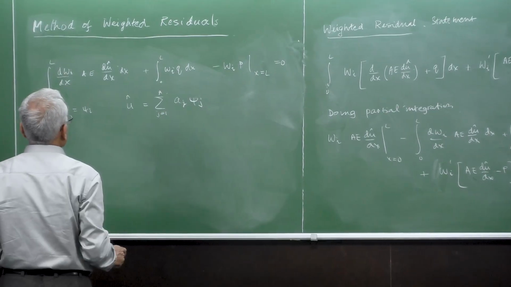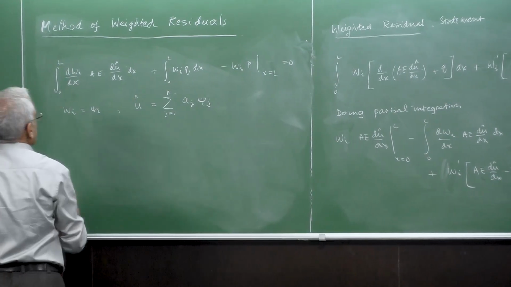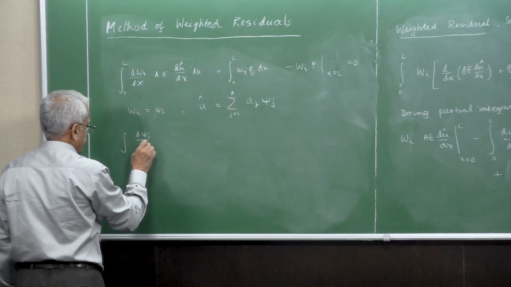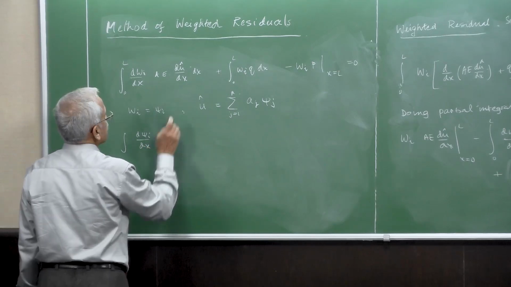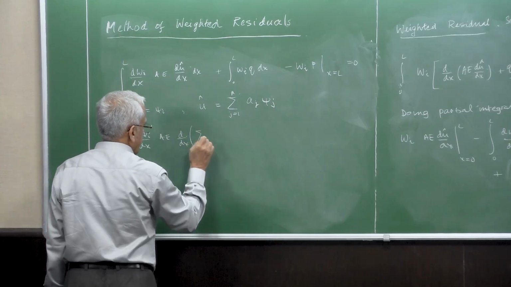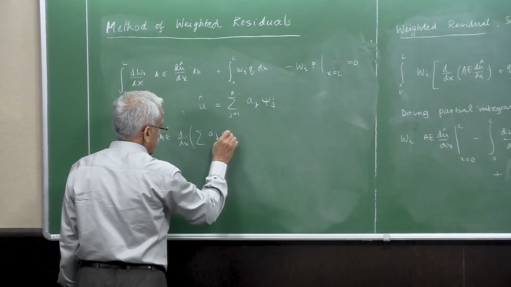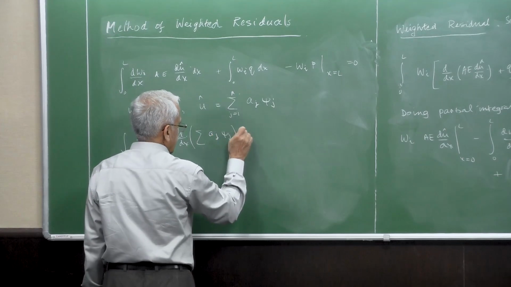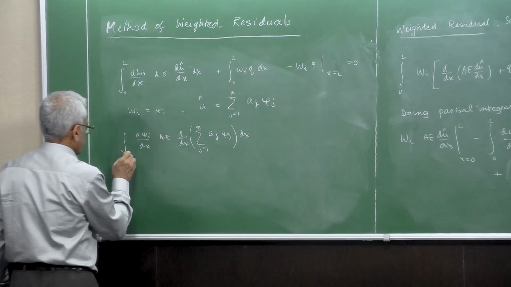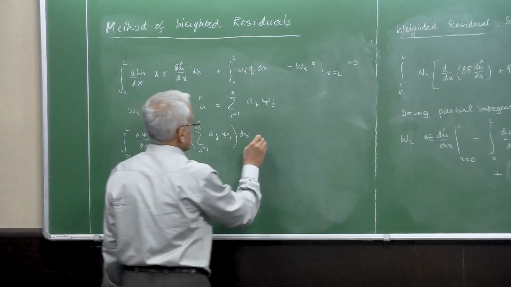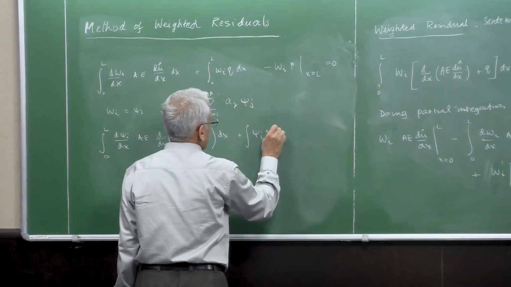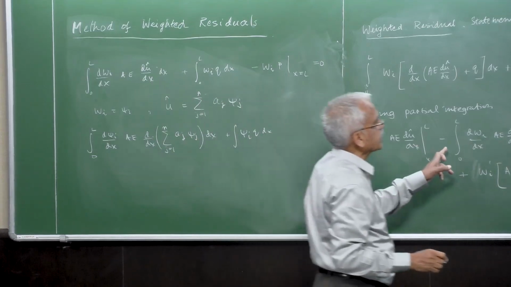If this is the case, then this can be now simplified as d psi i over dx, ae, and here d dx of the sum of aj psi j, dx, and so this is the integral 0 to L. This is the first part, and the second part here, psi i, oh, of course there's a negative sign that's appearing here.